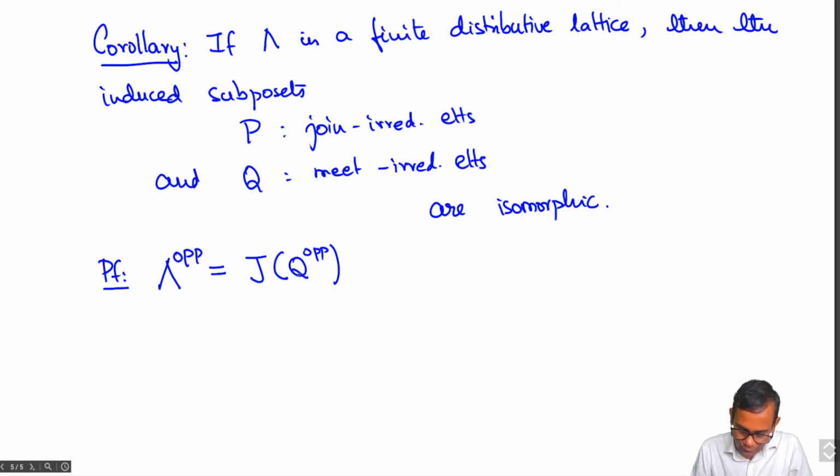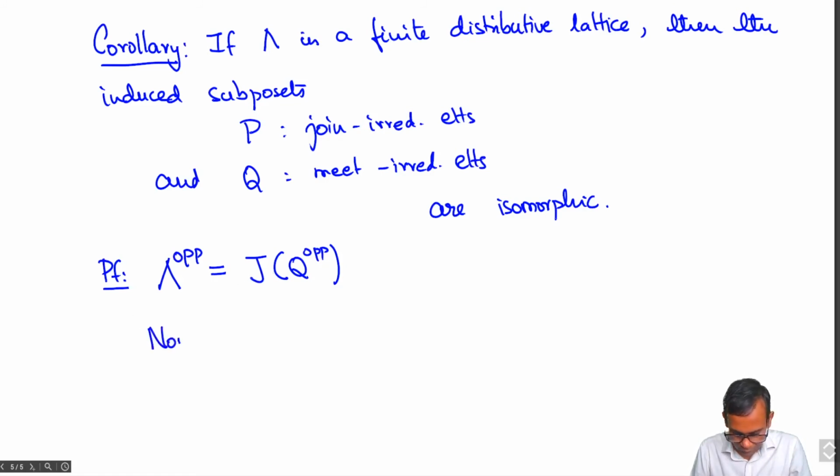So these become the join irreducible elements of lambda op. And of course, I must take the reverse partial order. And so lambda op, by the fundamental theorem for finite distributive lattices, is J of Q op.